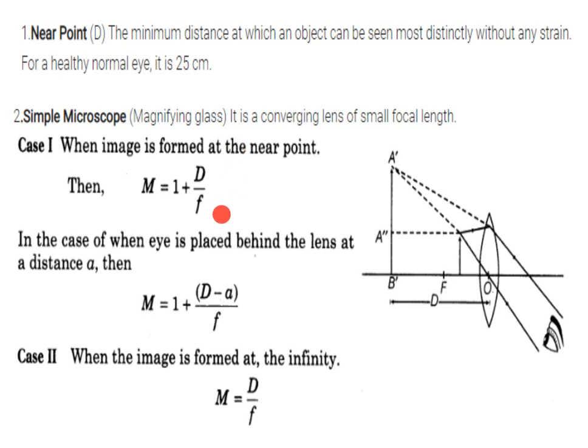We know that d is the minimum distance, and f is the focal length. When the eye is placed behind the lens at a distance a, then we get magnifying power m is equal to 1 plus (d minus a) upon f.